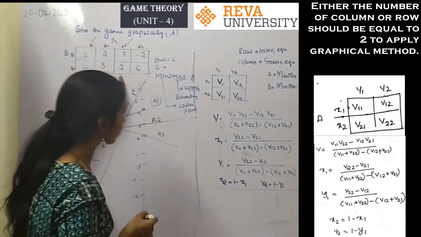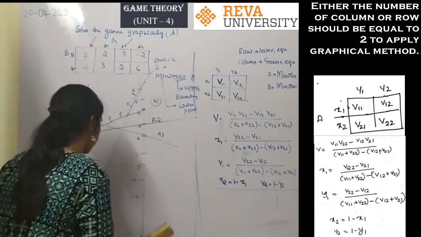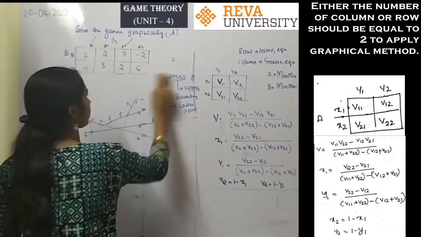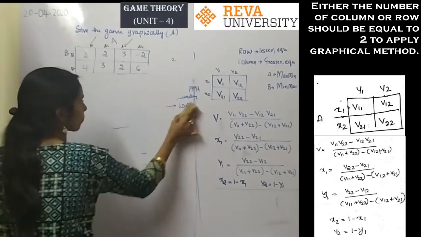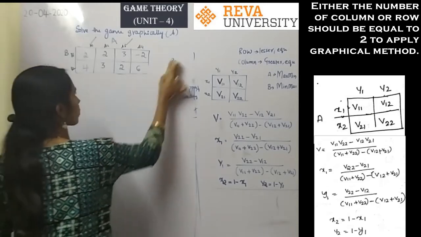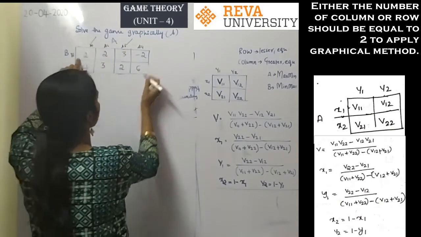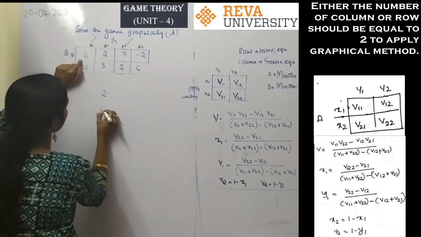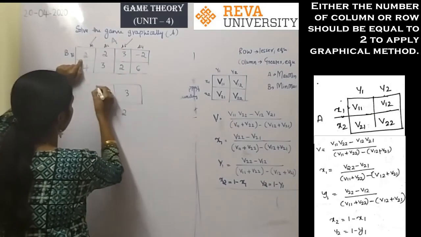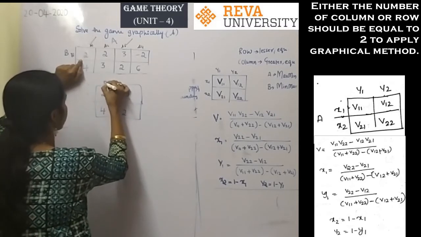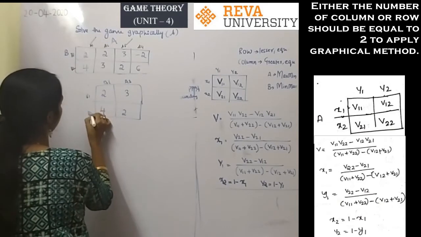If you get a 2 cross 2 matrix, then you can solve it using the dominance principle formulas. What is the matrix now? Retain A1 and A3. So, the matrix will be 2, 4, 3, 2. This is your matrix, where the rows indicate A1 and A3, and the columns B1 and B2.